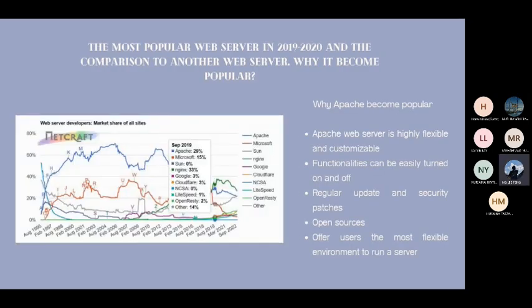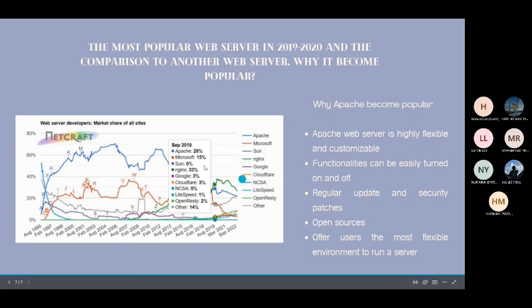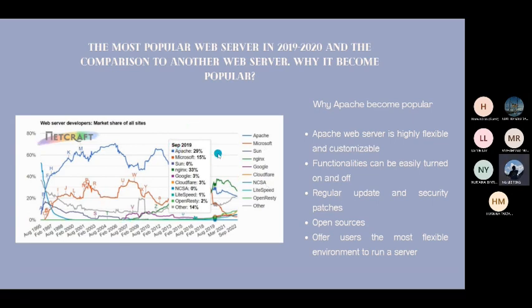The next is the most popular web server in the years 2019 and 2020, and a comparison with other web servers, and why it became popular. We can see this diagram. Apache is the most popular. So why did Apache become popular?